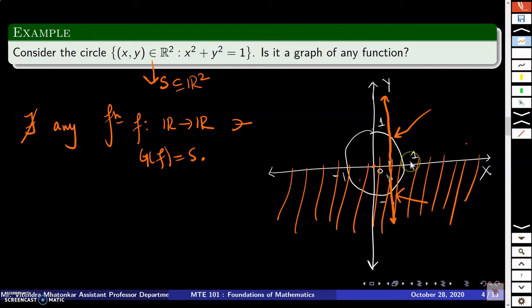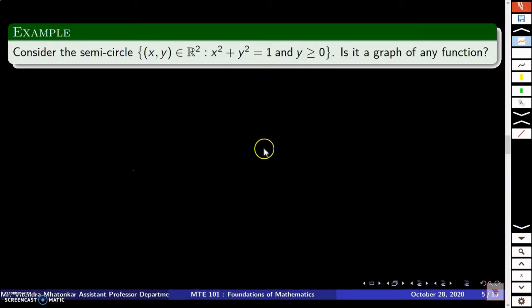A semicircle, right? So let me draw that semicircle here. Supposing this is x-axis and this is y-axis. Now we are not considering the negative y-axis because I'm looking at all the points of the form x comma y such that x square plus y square equal to 1.